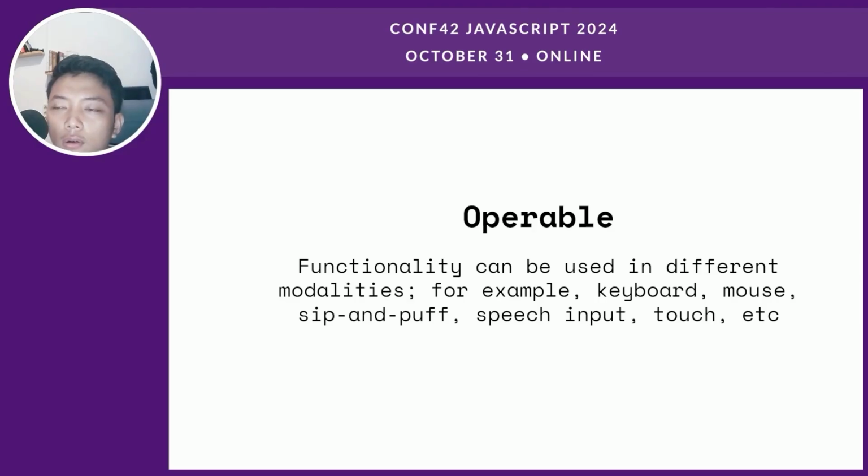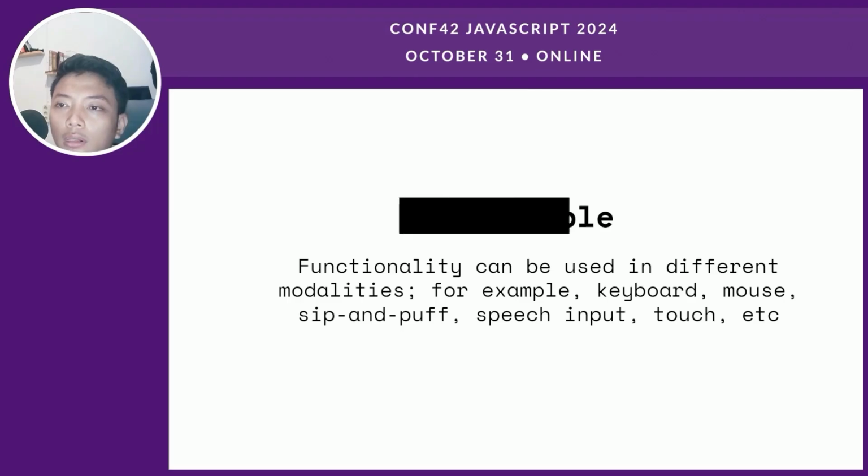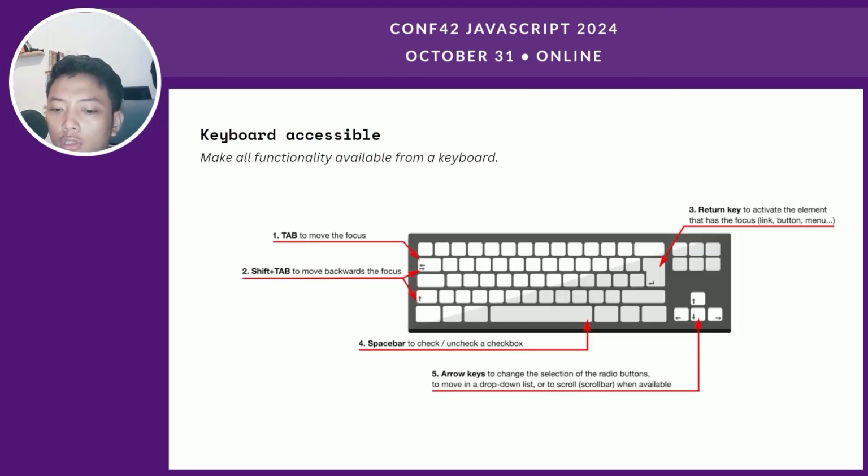Okay. So the other principle is operable. Your website functionality can be used in different modalities, which is like we saw earlier. It can be keyboard accessible. We can use tap by the touchscreen, something like that.